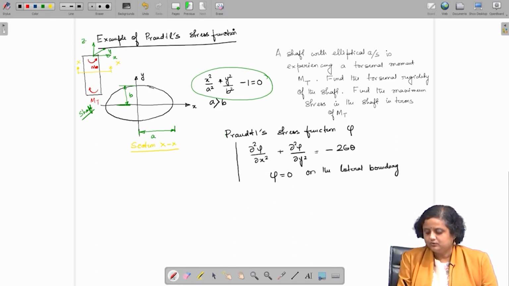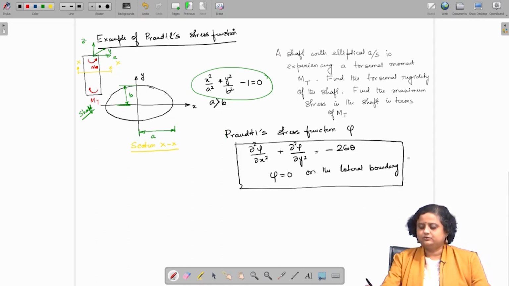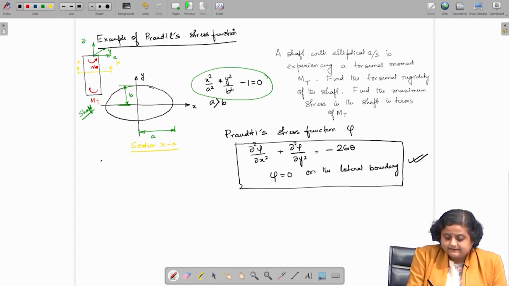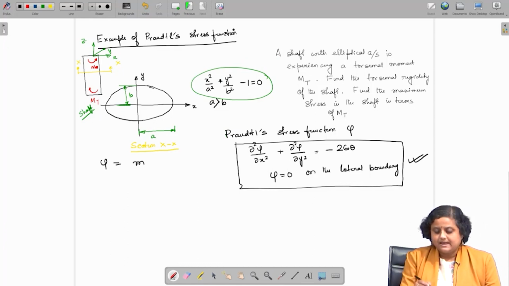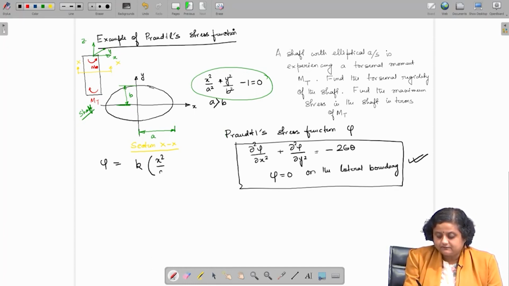Now, how do we do that? I just need to find a phi which is going to satisfy these two criteria. So, let us assume that my stress function phi is some k into the equation of the ellipse itself.